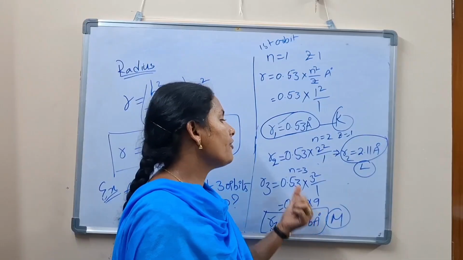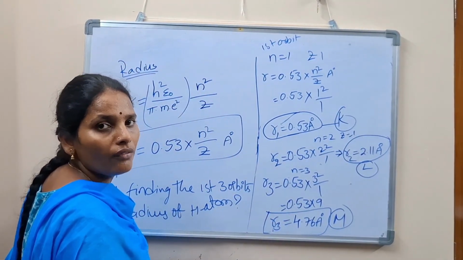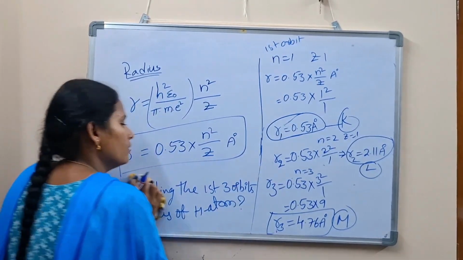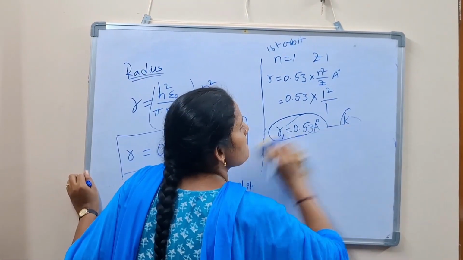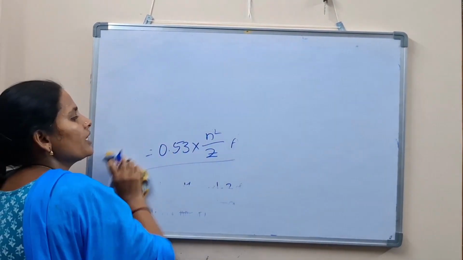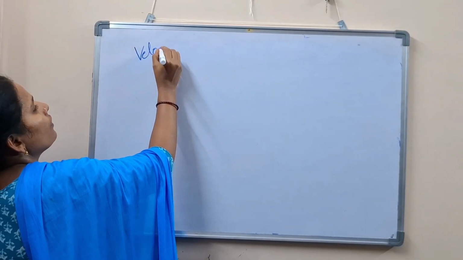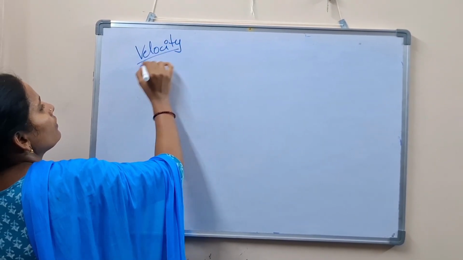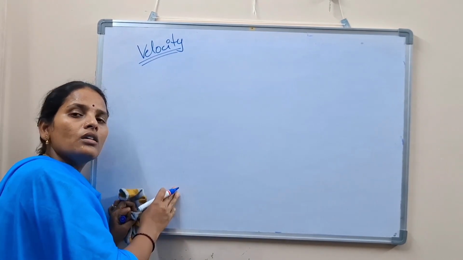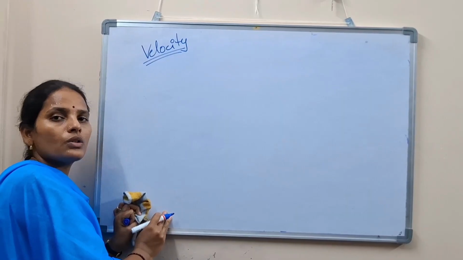Okay, after the radius derivation, we should see the velocity of the electron. Next, derivation for the velocity of the electron. This velocity is also found from the same equations, the centripetal equation and angular momentum equation.